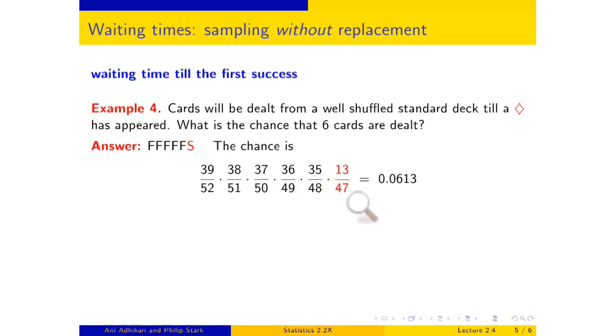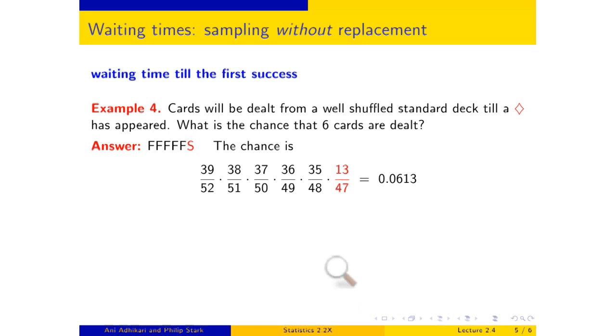Multiplication rule says just multiply the conditional probabilities. And so you have 5 non-diamonds in a row, and what must happen next? Well, you have 47 cards left, and you better get a diamond. How many diamonds are left in there? We haven't used any of them. So all 13 diamonds are left. And therefore, your chance is given by that product of fractions there. And it's about 6%.